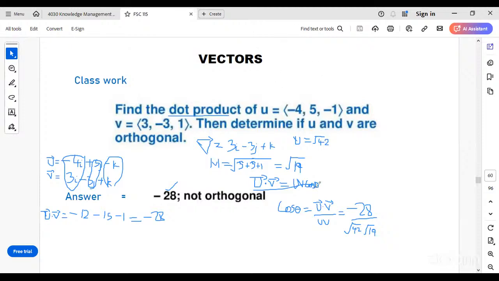So if you simplify this, then find the inverse function. So theta becomes cos inverse, that's the inverse function of cos theta.